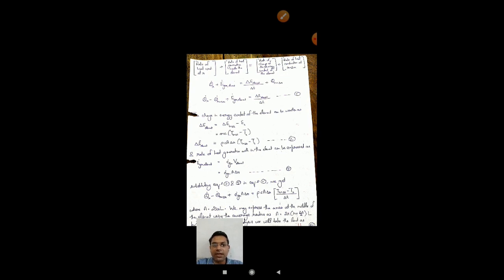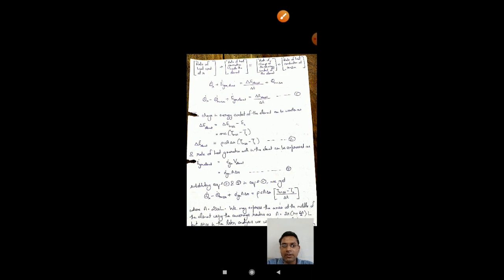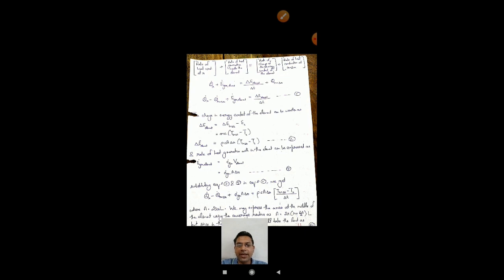If I take the average radius of the element, that is at the middle of the element, then the area will be A equal to 2 pi (r plus delta r by 2) into L. But this thickness is very small, therefore as we take the limit as delta r tends to 0, the area will almost remain constant.